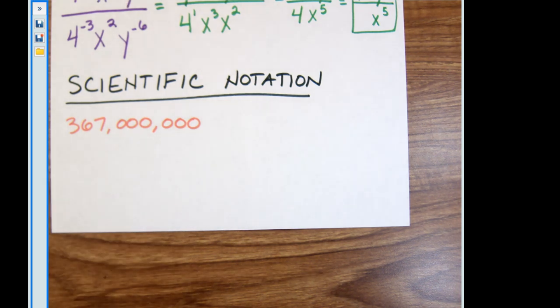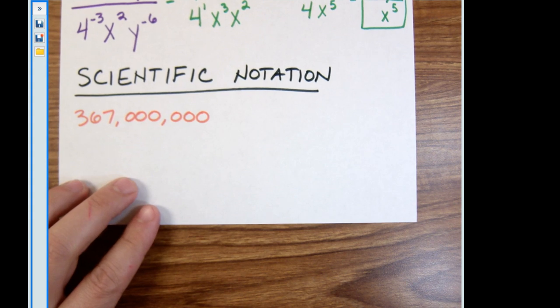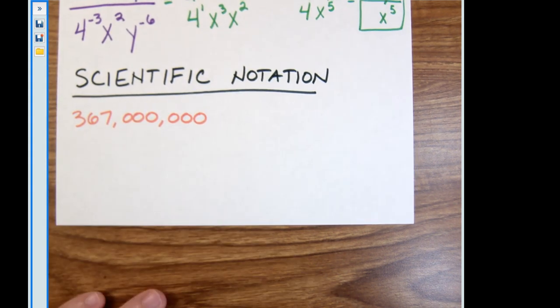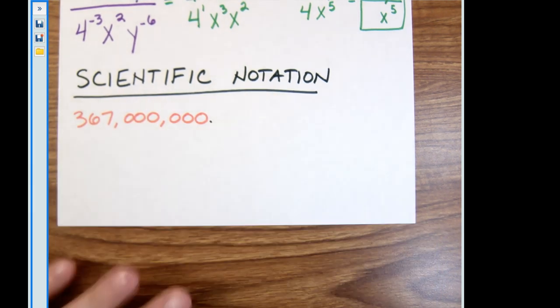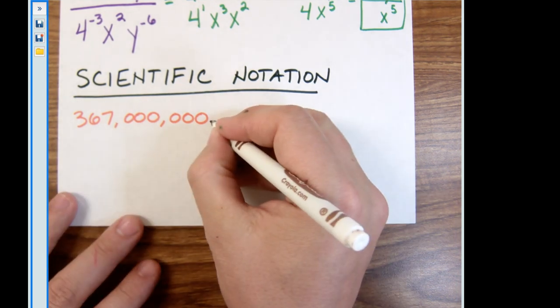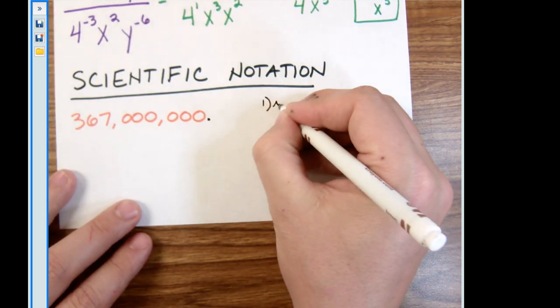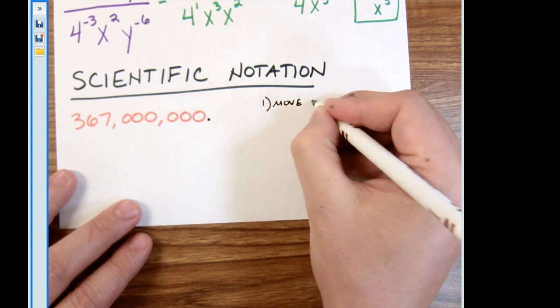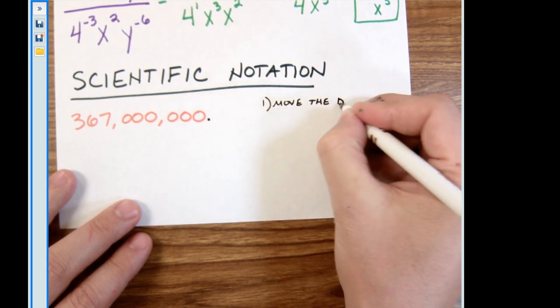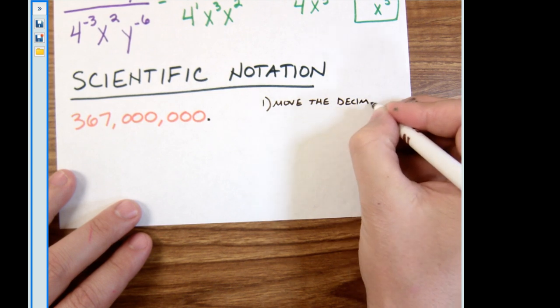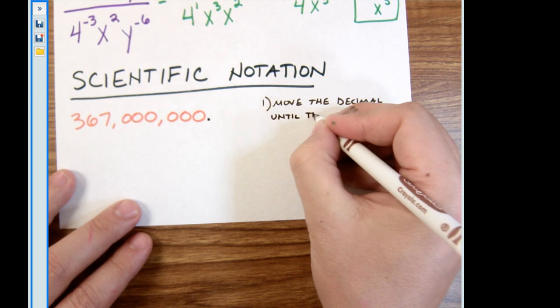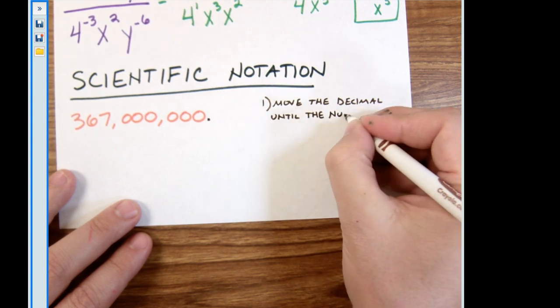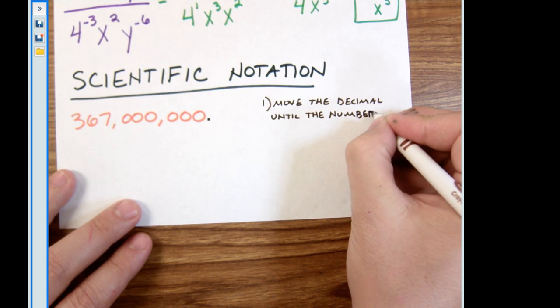So first of all, where is the decimal in this number? Yeah, right there. But we don't really write it because there's nothing after the decimal, but it's right there on the end. Step 1 is move the decimal until the number is between 1 and 10.